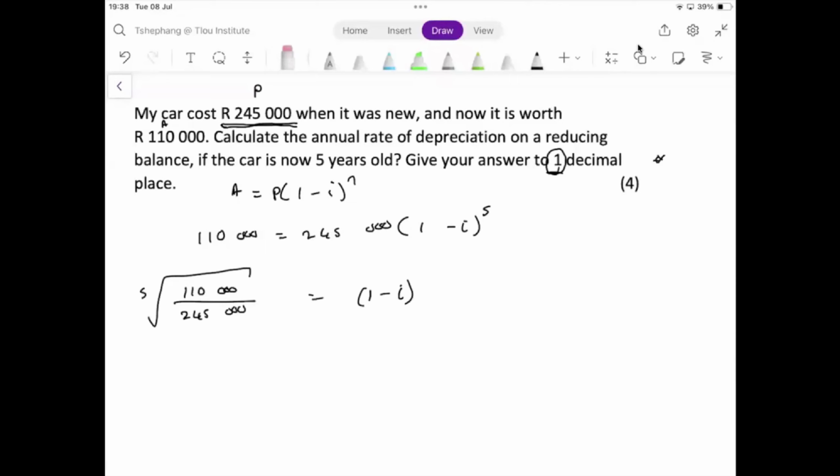Now we can say i is equal to 1 minus the fifth root of 110,000 over 245,000, just like that. And then you are going to get 14.8%. And that is how you deal with such a question. Right?